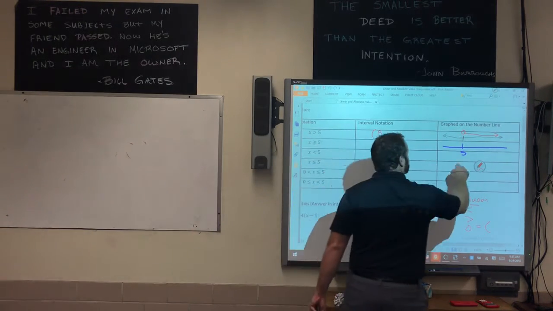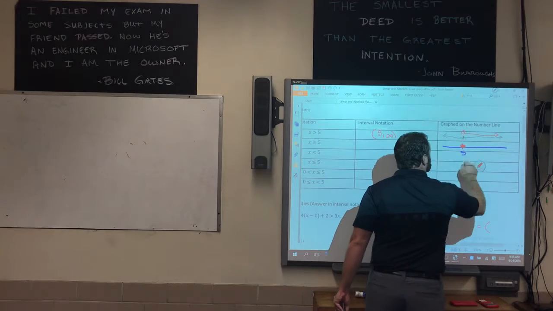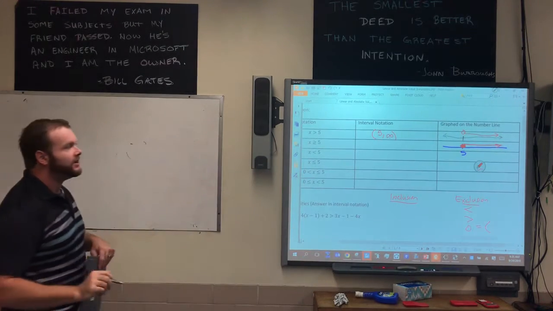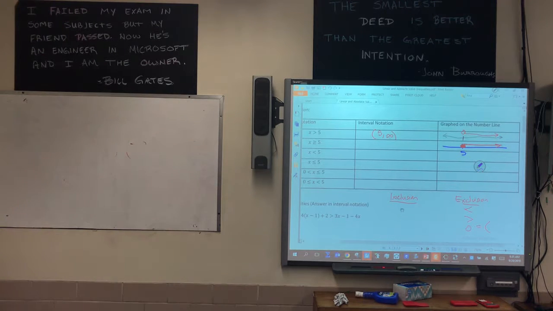So you need to have a closed dot at 5, and now it's still the numbers that are to the right, correct? Okay. So now we have inclusion, so we write that with a bracket. We say 5, put a square bracket to the left of it, comma infinity. Inclusion is when we have less than and equal to or greater than or equal to.